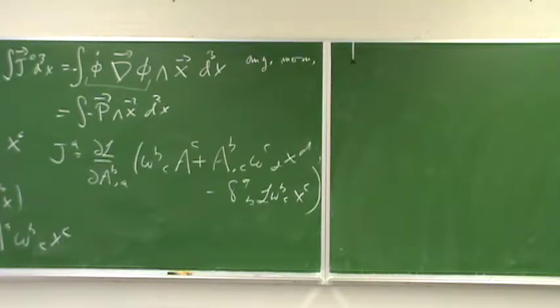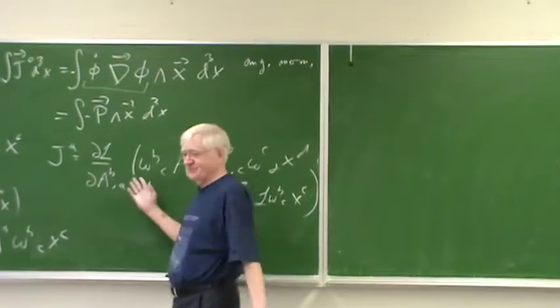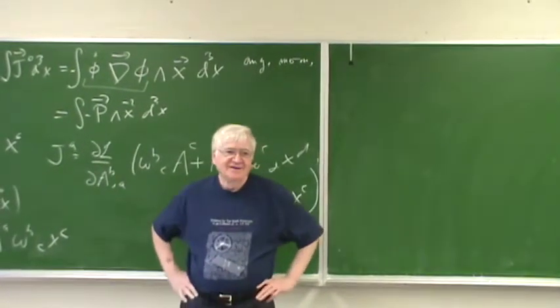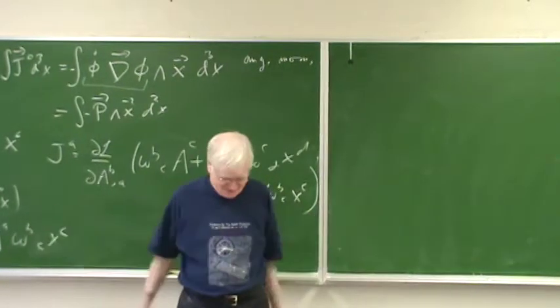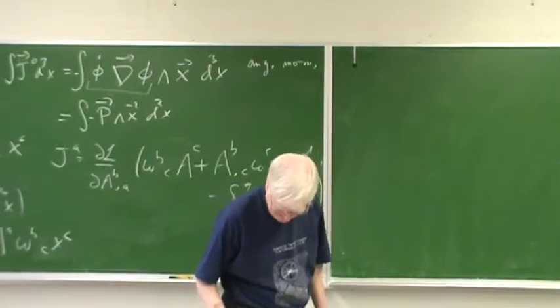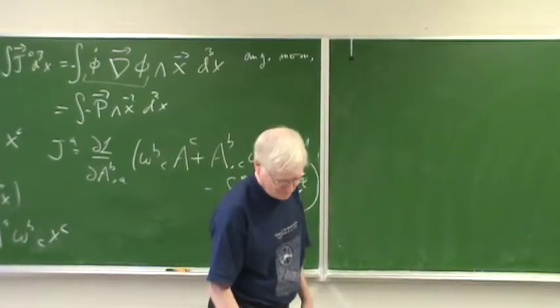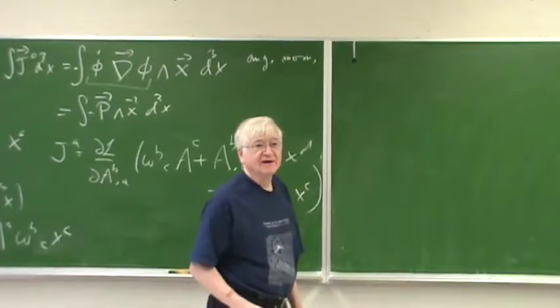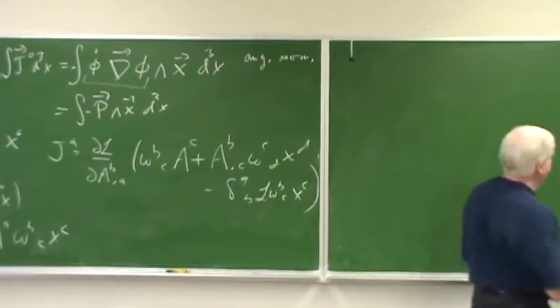Load the dice? A little bit. I don't know. I mean, it's got to be the spin. What more can I say? I guess that's all that can be said. I mean, you could use that as a definition of spin if you want.